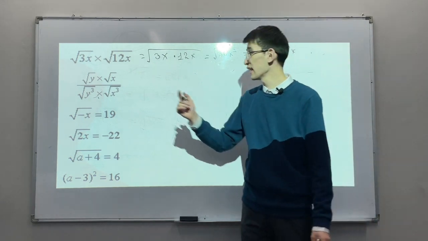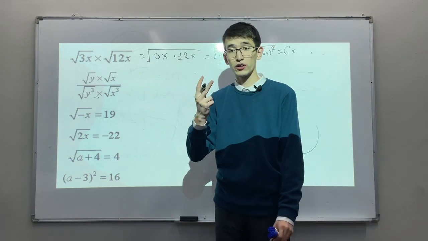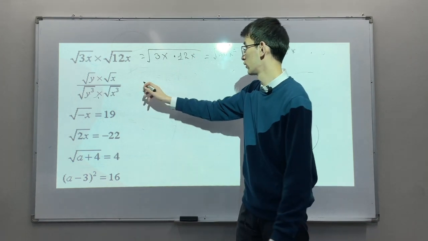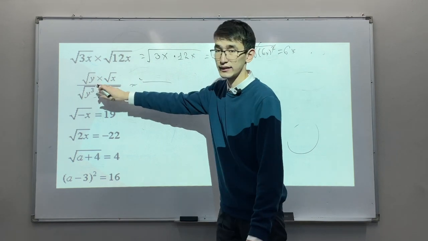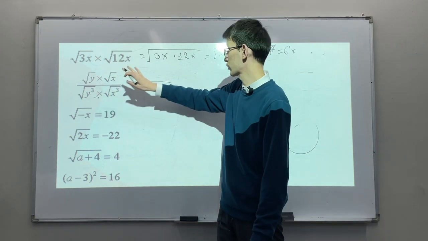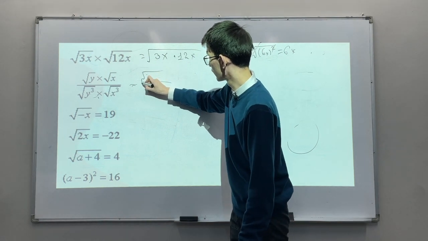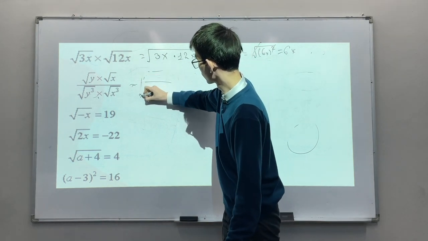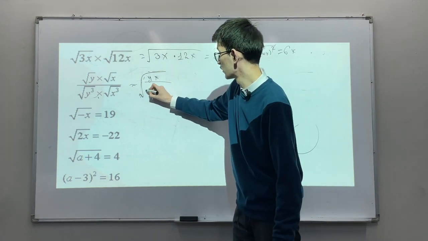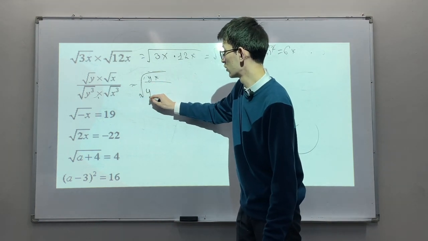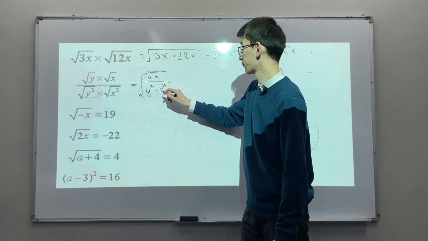The next example is related to the second property, as I mentioned before. We can write them in one square root: x over y cubed multiplied by x cubed.